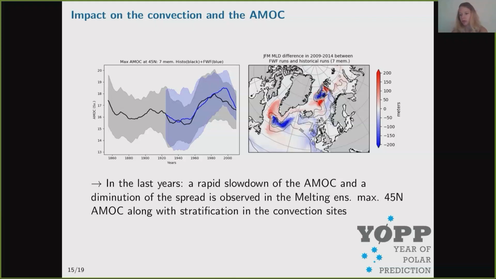And while the hammock seems to be decreasing rapidly, we see a development of the stratification in the Labrador and the Nordic Sea in the last years of the experiment, as plotted on the right side here, which is a 2009-2014 mean. So this is very much work in progress. We have to test how significant the signals are, and we might have to increase our ensemble size.